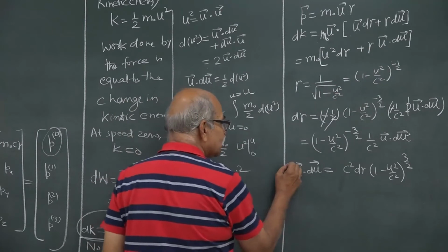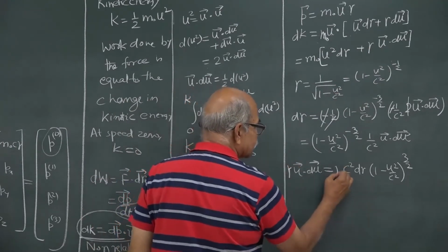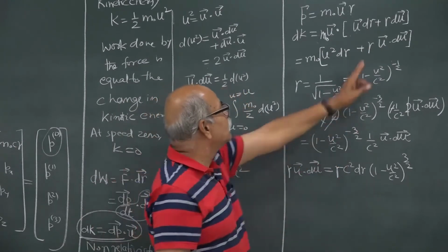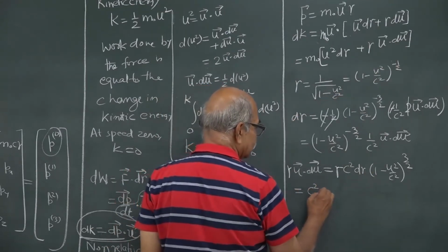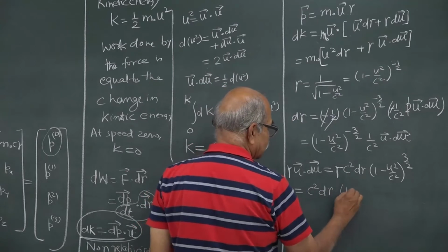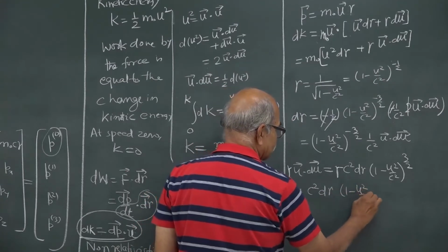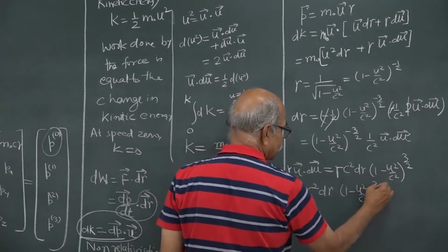So that I am going to put here, or let me multiply by gamma also. So what is gamma times u dot du? It is this, right? Gamma times u dot du, it is c square d gamma (1 minus u square by c square) power 3 by 2, right?